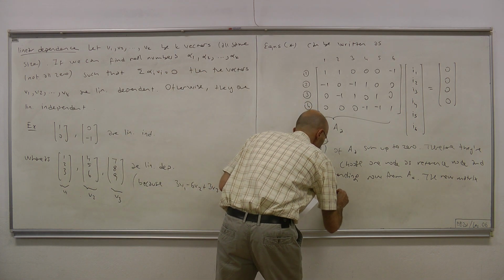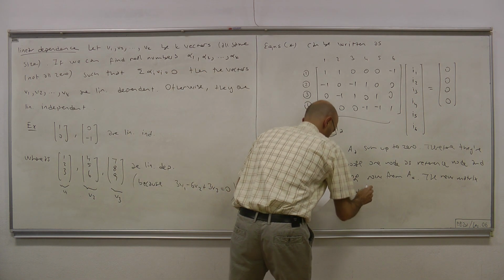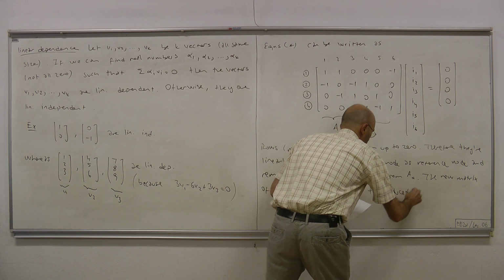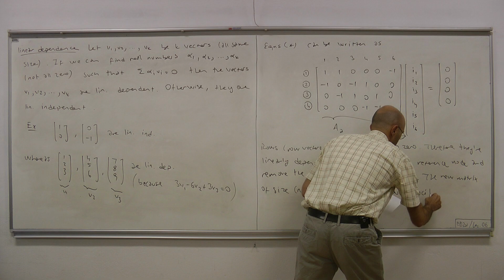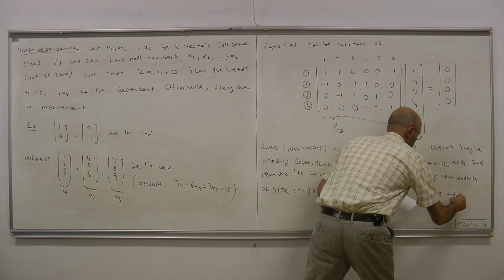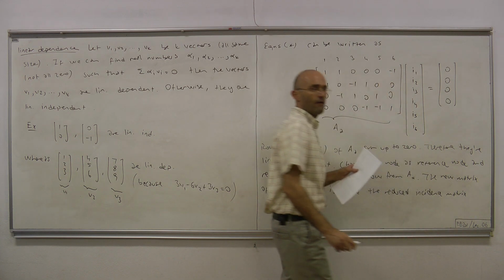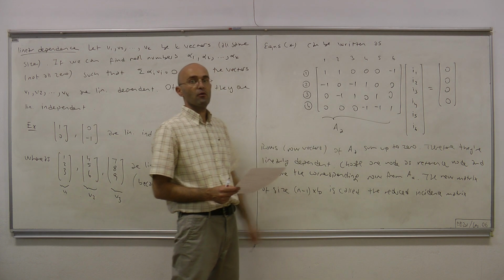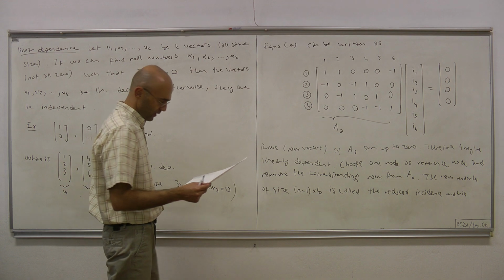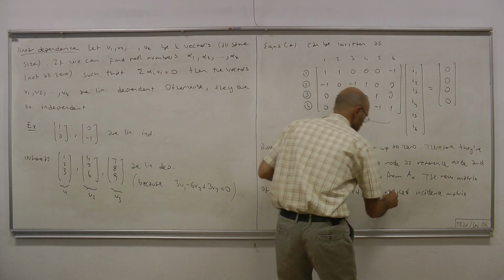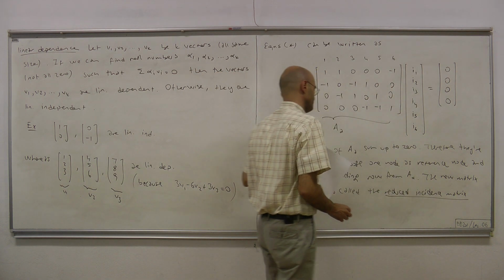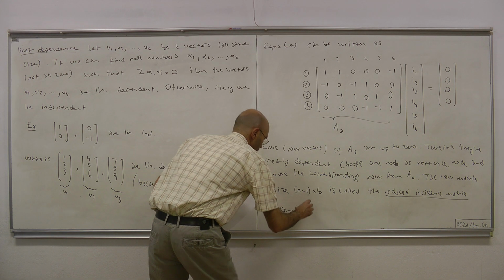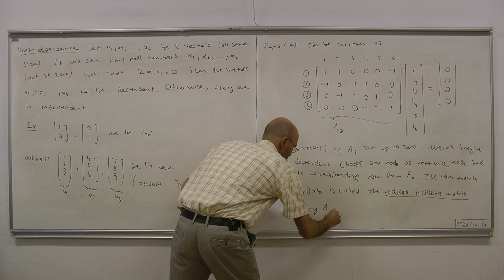It's called the reduced incidence matrix, and denoted by just an A. We now get rid of that subscript.